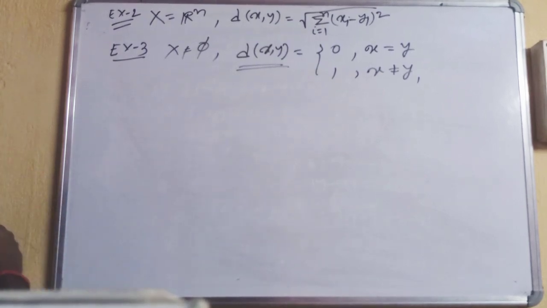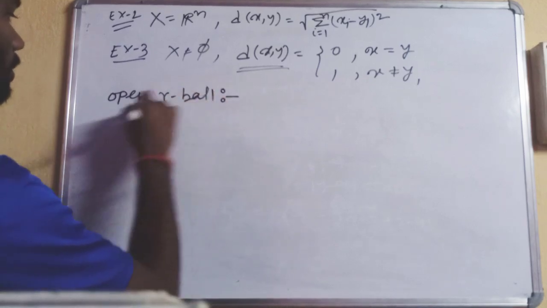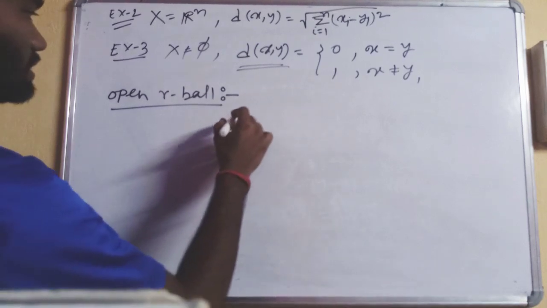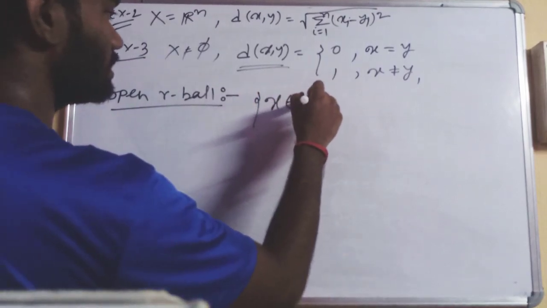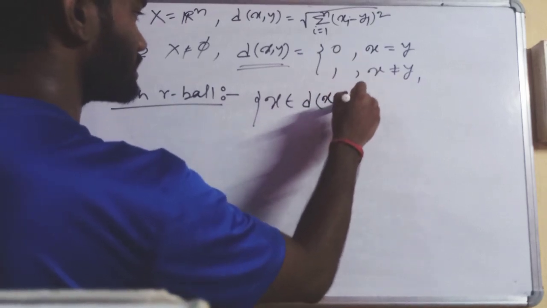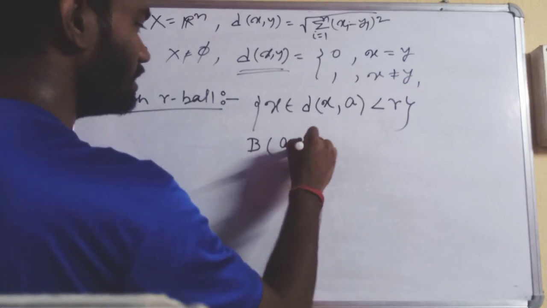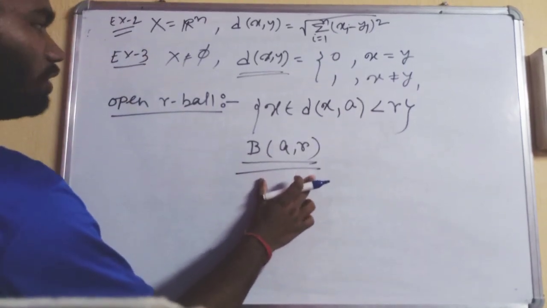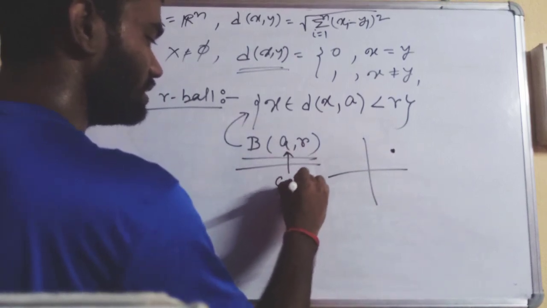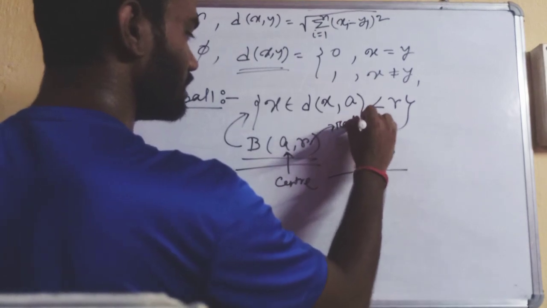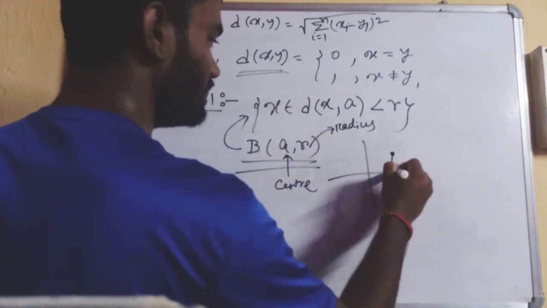Now proceeding further, what is an open r-ball? An open r-ball is the collection of x such that the distance between x and a is less than r, and it is denoted by B(a,r). Suppose I take any point a here, where a is the center and r is the radius.